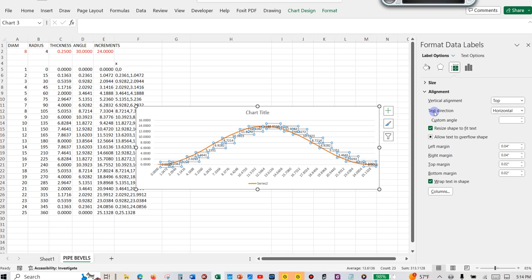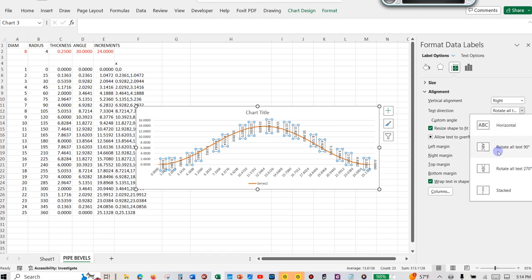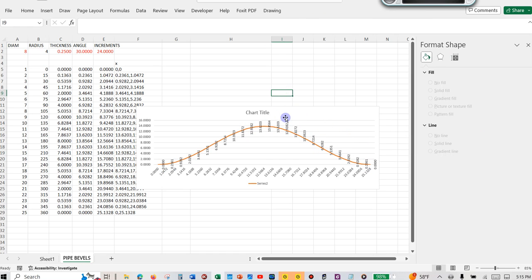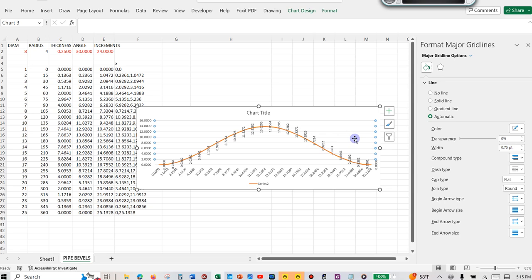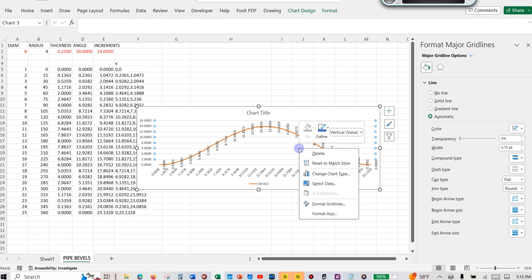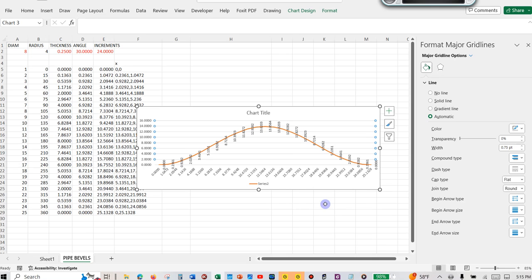X direction, vertical, straight up. And then we can put in some format grid lines.